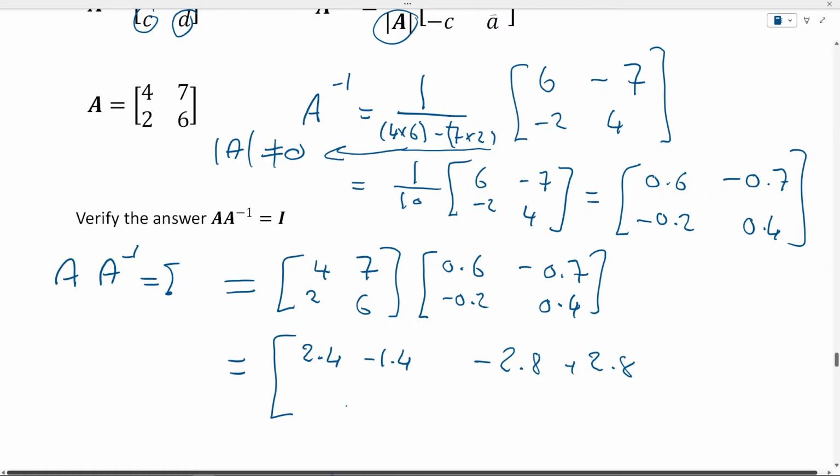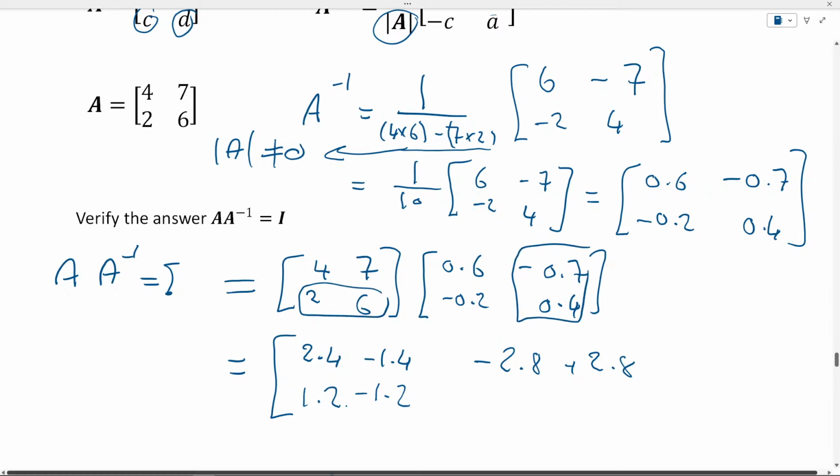So let's do this one here. This guy multiplied by this guy, I got 1.2 here, and then 6 times this, I got negative 1.2 here. I start to see the other 0 here. And then finally, my last element would be this guy multiplied by this guy.